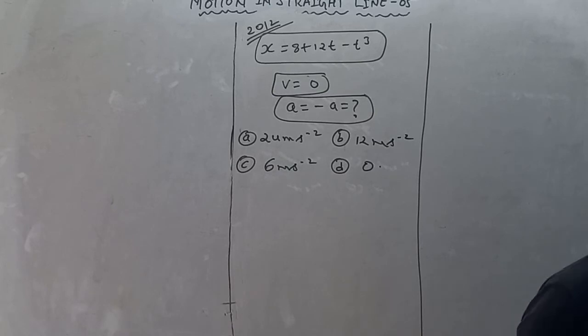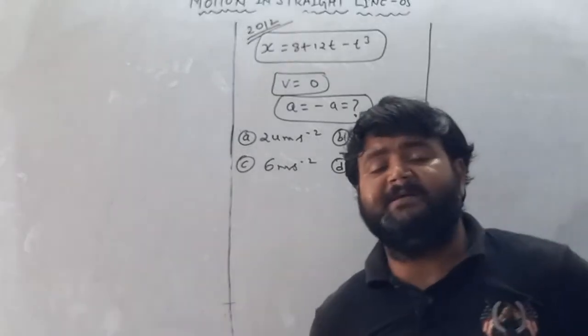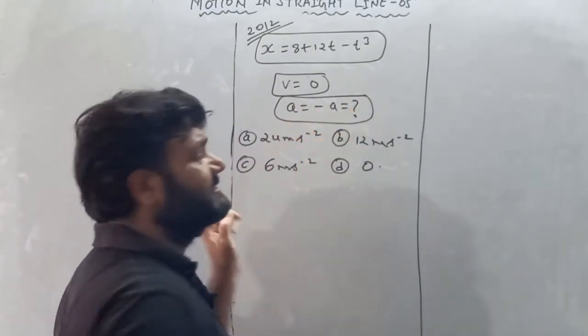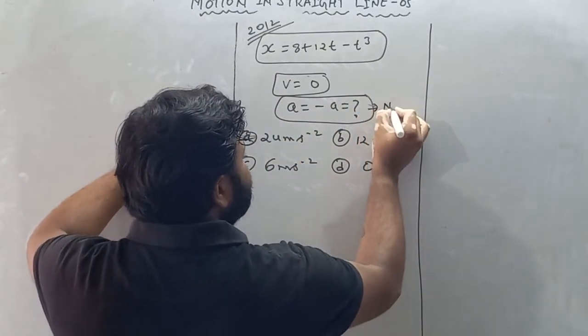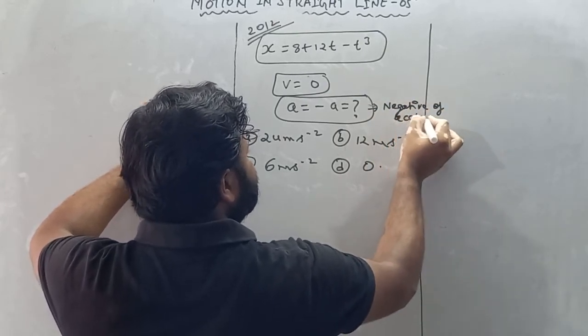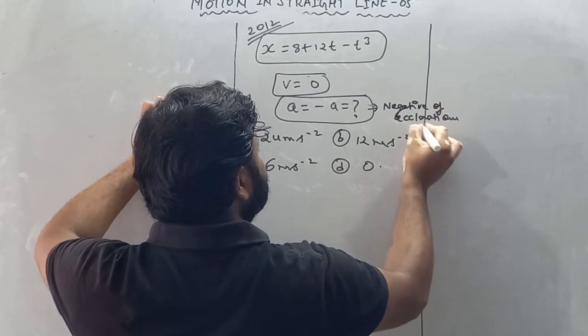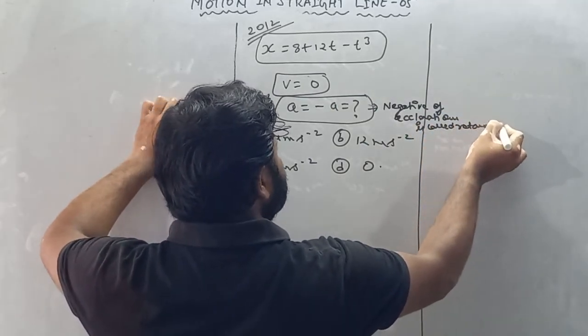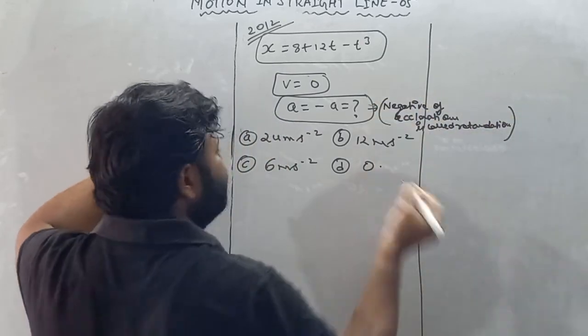The retardation of the particle. See, retardation means nothing but the negative of acceleration. So the negative of acceleration is called retardation. Actually, they are asking for the negative of acceleration.